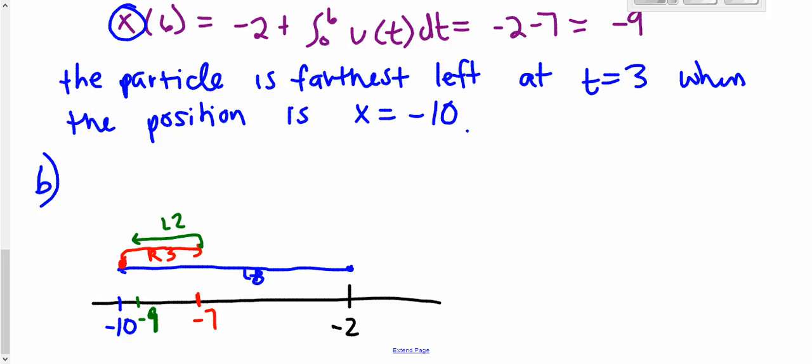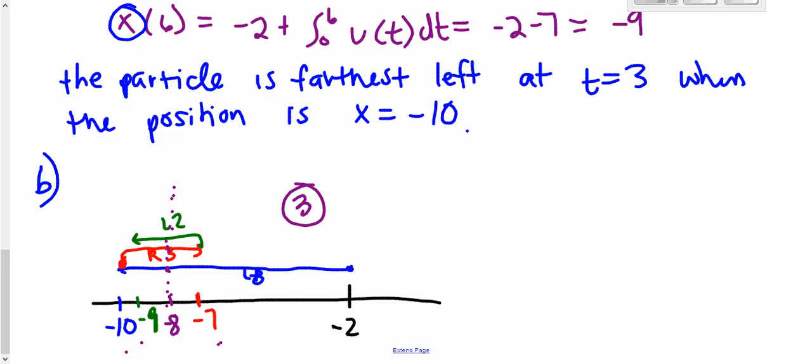Well, they're asking us how many times did we end up at -8? Well, -8 is here. So how many times does it look like this particle passed by -8? Well, when we went from -2 to -10, when we went from -10 to -7, when we went from -7 to -9. So that's 3 times.